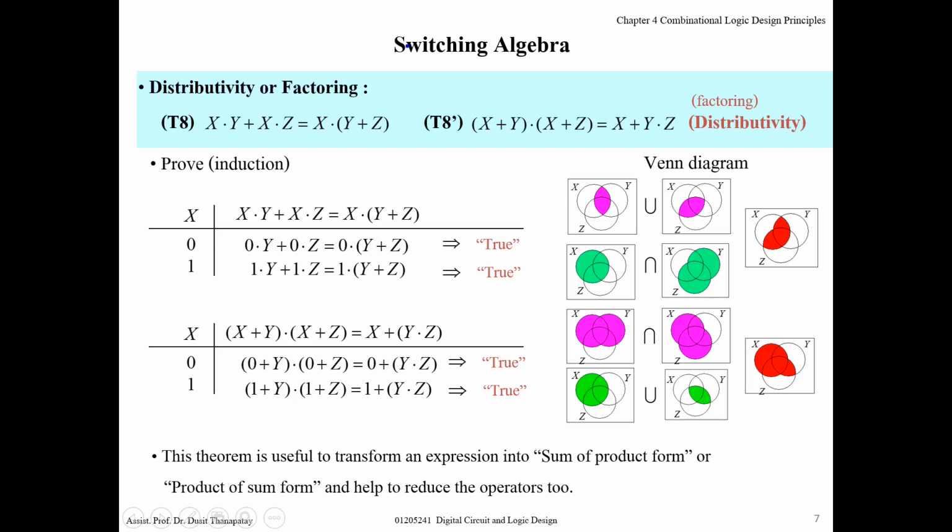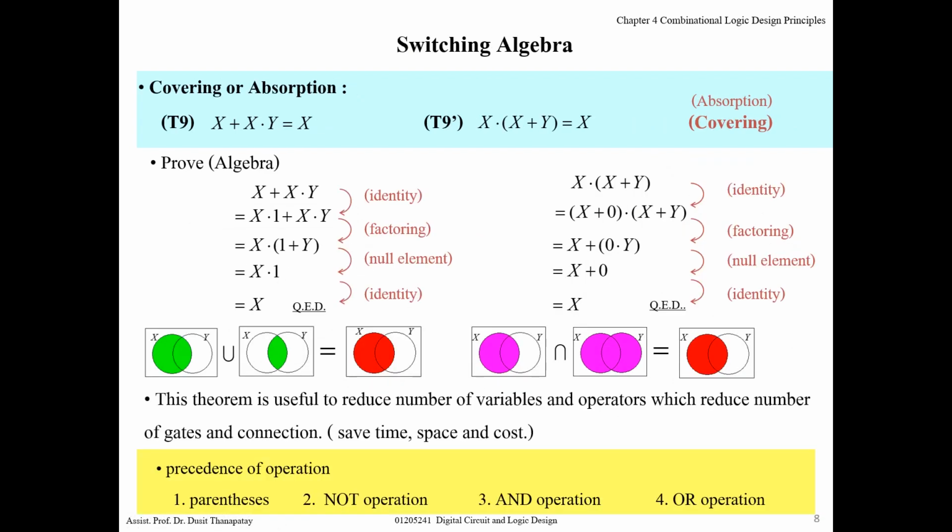And for the next theorem, it's called covering or absorption. For this theorem, it says that x or x and y equal to x. Let's consider this Venn diagram. X and y, this area, all together. Note this area, x and y, is actually already one part of x.